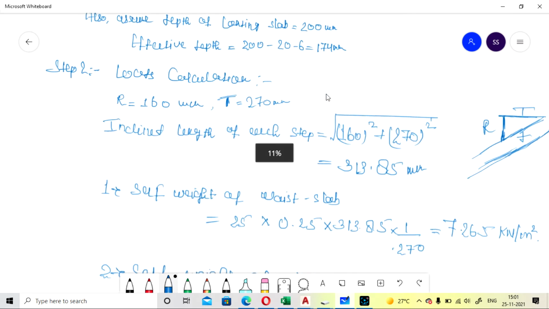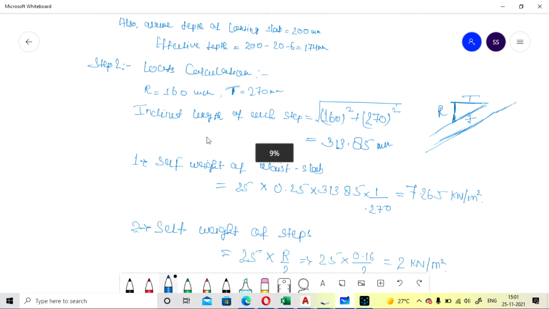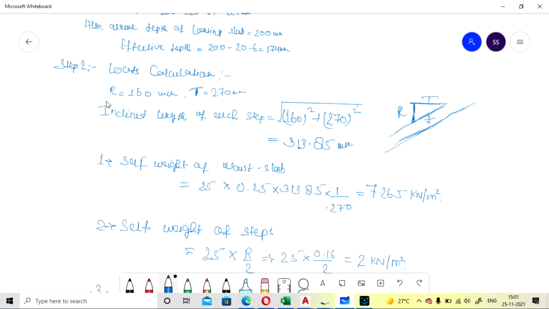So now we are going for the load calculation. We have riser as 160 mm and tread as 270 mm. We can find the inclined length, this length, which will be your step, for the calculation of self weight of slab.